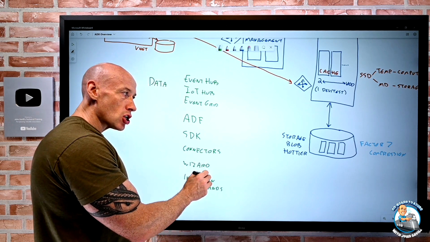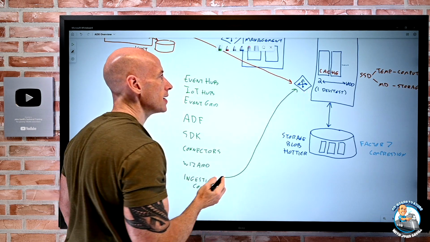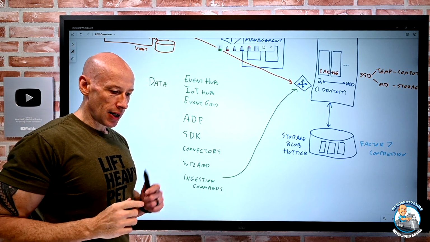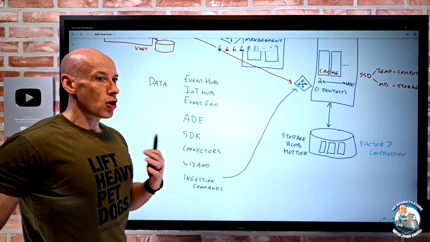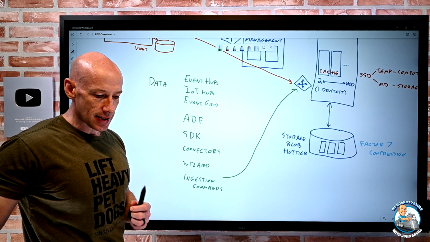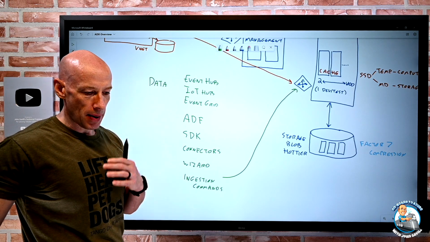So if I use ingestion commands, it actually goes directly to the engine. It doesn't go via the data management cluster. Those go directly in. The SDKs: .NET, Go, Java, Node, REST, Python. The connectors: there's plugins from Logstash, Kafka, Power Automate, Apache Spark.